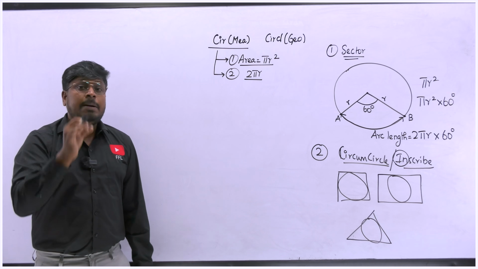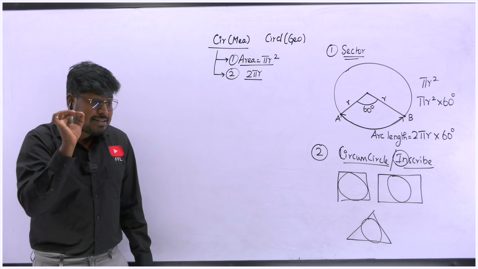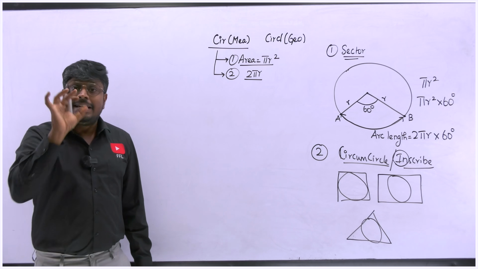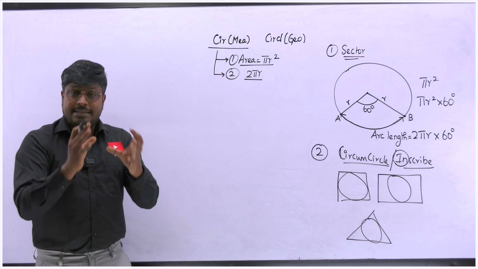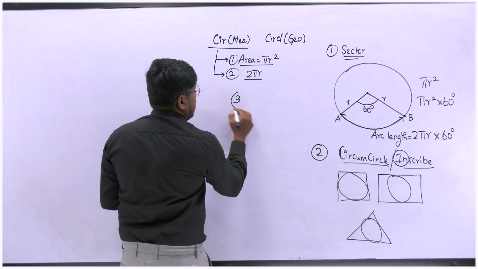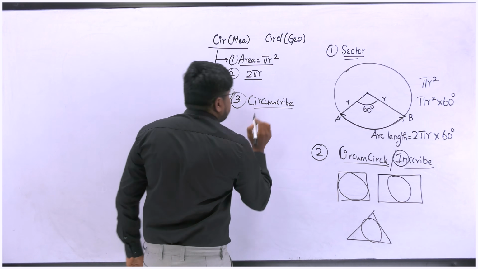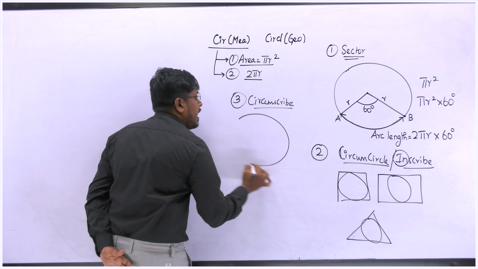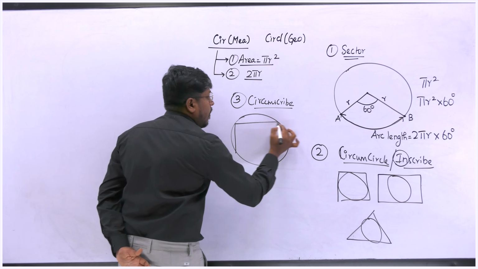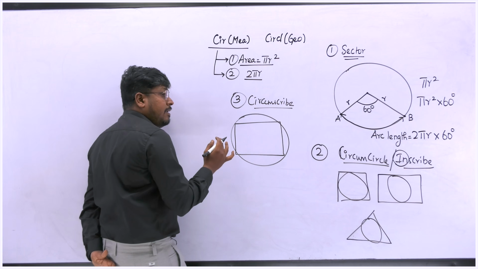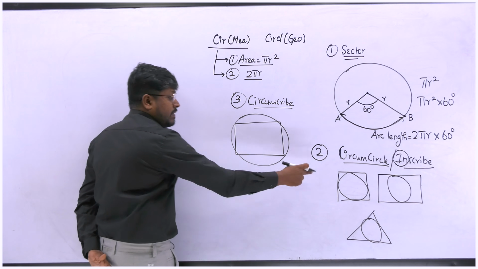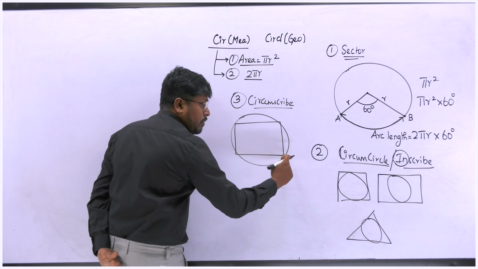If it is circumscribed, the meaning is: we have a square or a rectangle or a triangle which is inside the circle. So friends, can you see the difference between these two points?